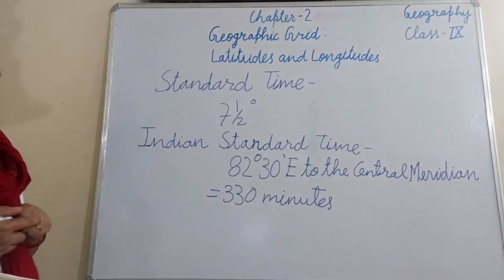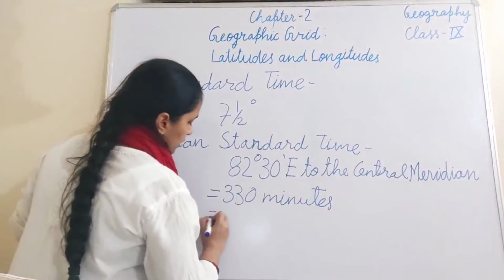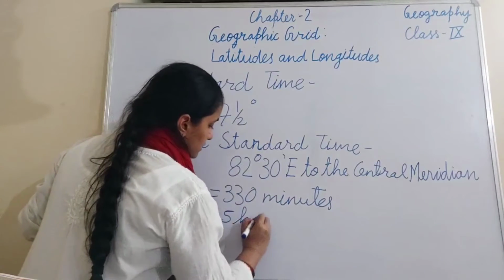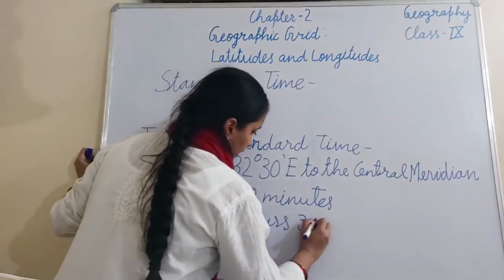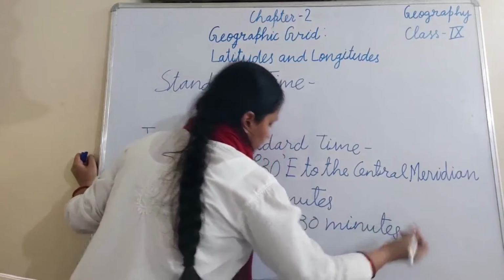So when we convert these 330 minutes, this will be 5 hours 30 minutes.